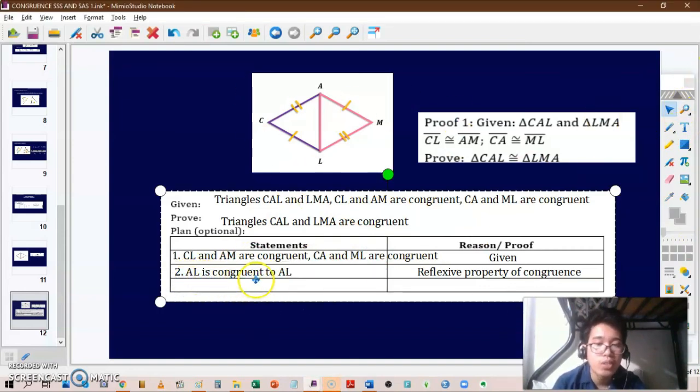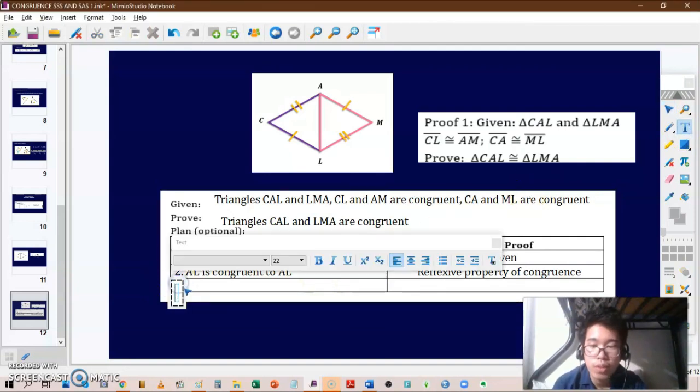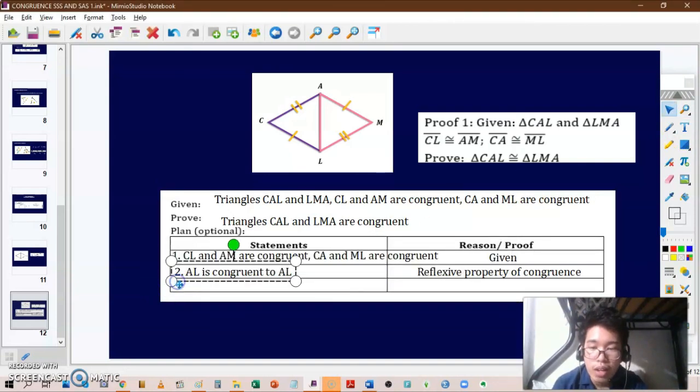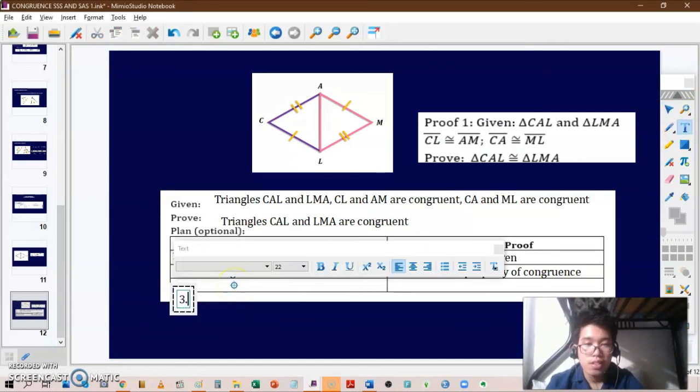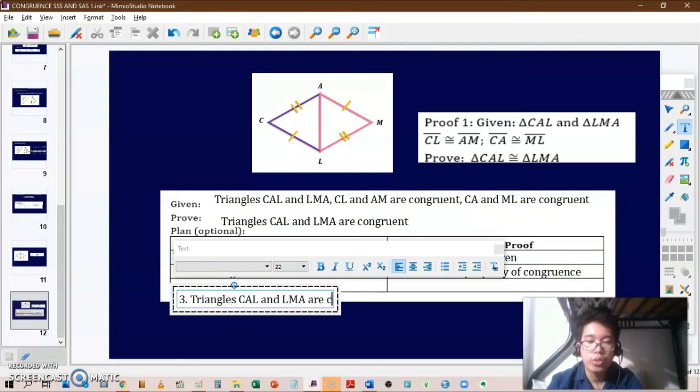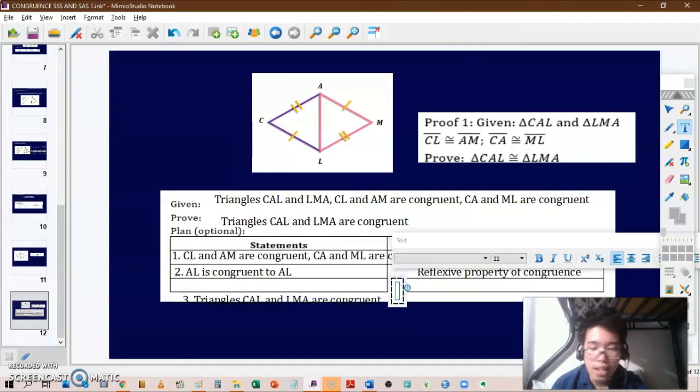Since we know that AL is congruent to AL from the reflexive property, we can now confidently say that triangles CAL and LMA are congruent. How can we say that? Based on the SSS triangle congruence postulate.